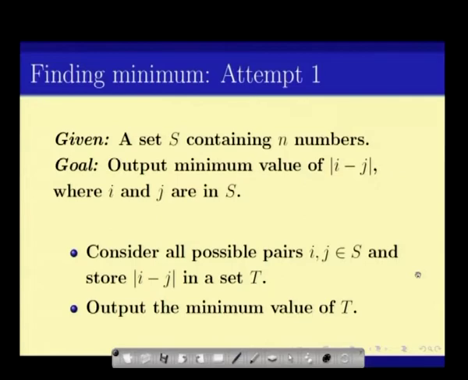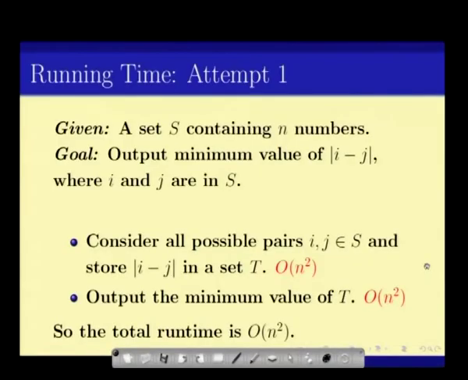The problem is that the running time of this algorithm turns out to be order n square, because the total number of pairs i, j in the set S is around order n square, and to output the minimum of the set T, which is now n square numbers, we have to use order n square steps. So, the total runtime becomes order n square.